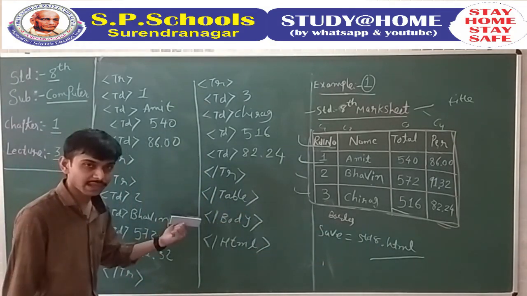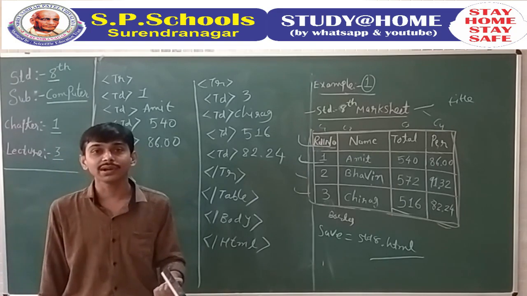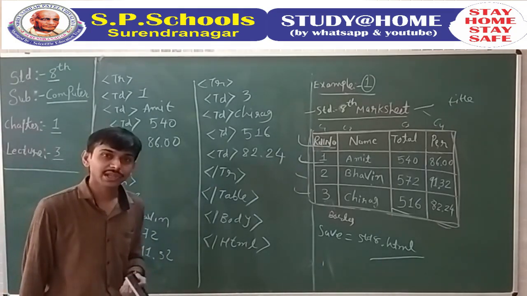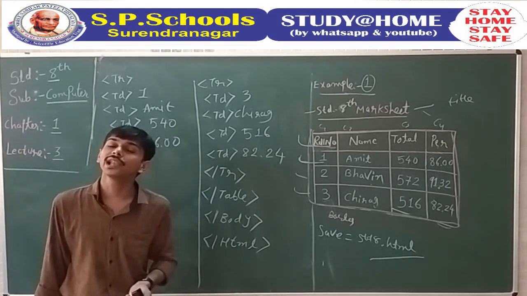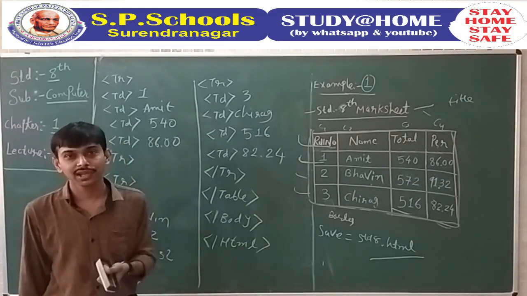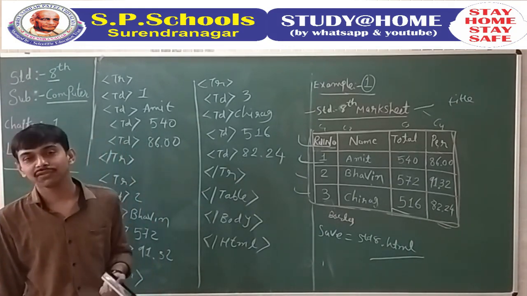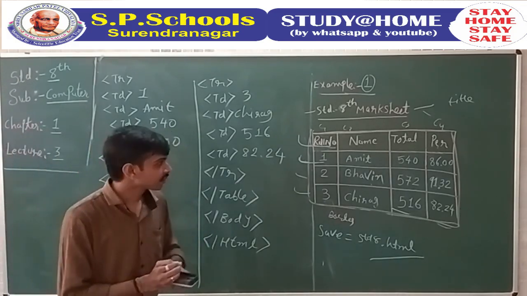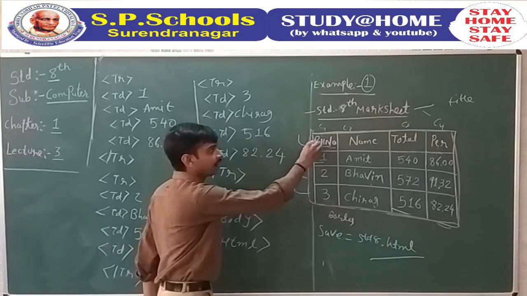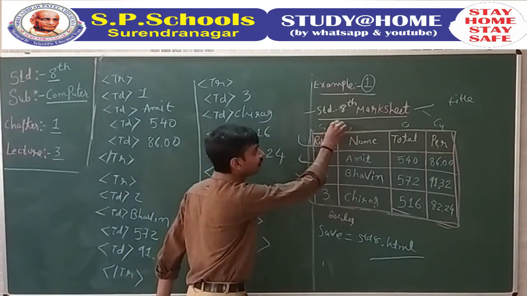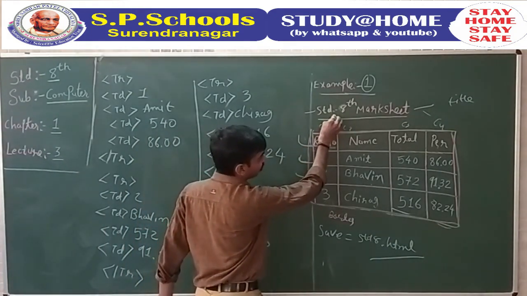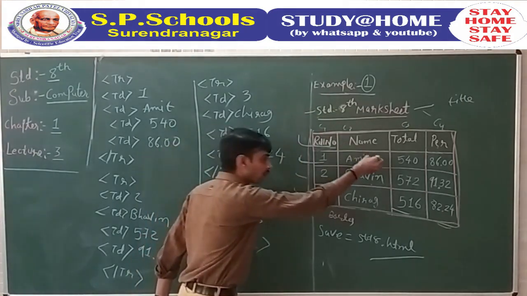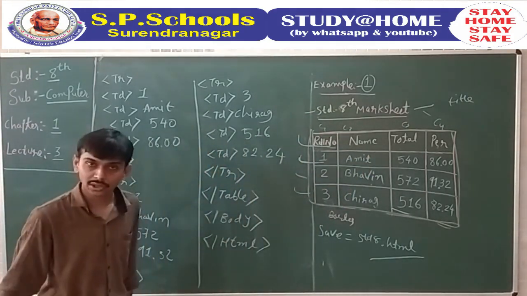So in this way, we can create a table, we can create our mark sheet in the form of table elements. Each and every element is considered with its attributes and tags. So here we have created our example of a mark sheet with the title Standard 8 Mark Sheet. There are 4 rows and 4 columns.